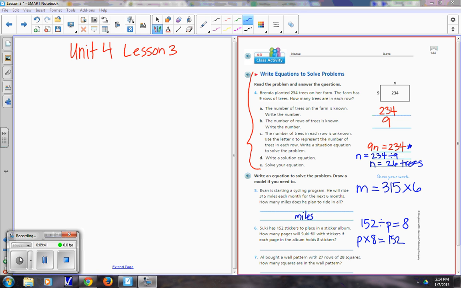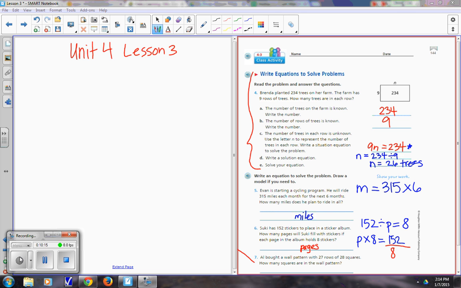So for my solution equation, I'm going to have to divide 152 by 8 to find out how many pages I will need. The last one, I'm going to let you figure that out, friends. So this answer is going to be pages.